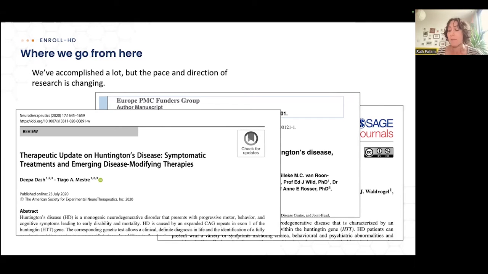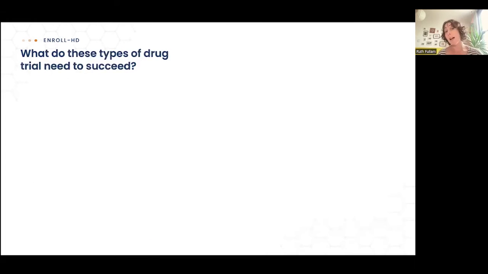So that is one path of therapeutics, this idea that we could possibly slow down the onset of the disease. So focusing on that, what do these types of drug trial need to succeed?